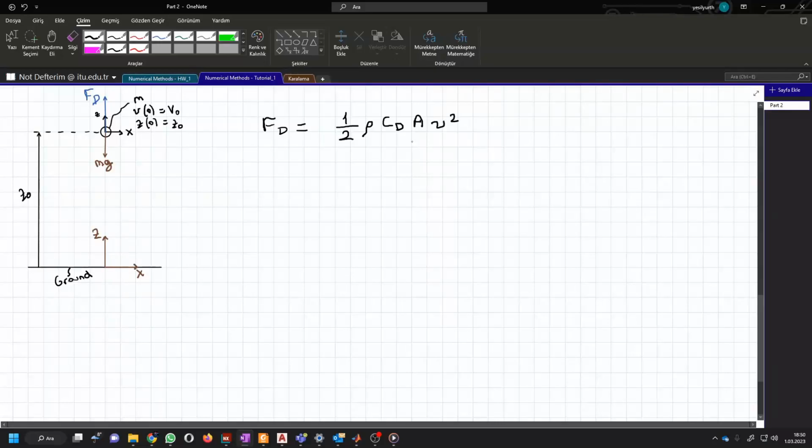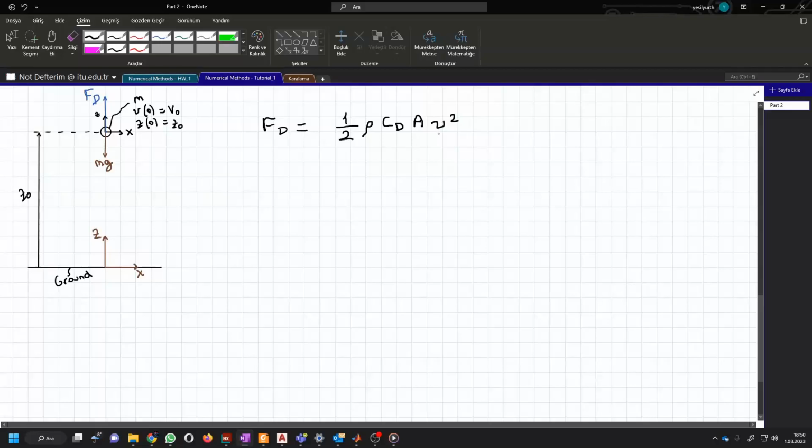The problem with this aerodynamic force starts from the beginning, as you see here. Because we have the square of velocity in our force formula, the sign of this velocity value will not affect the resulting force's direction. If it is negative, the result will be positive.